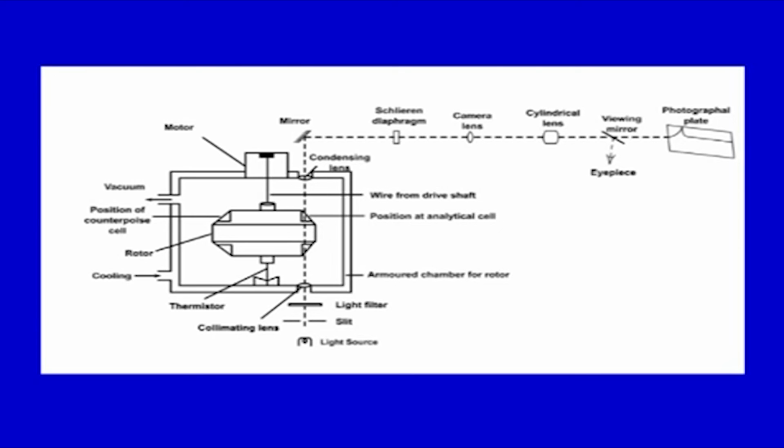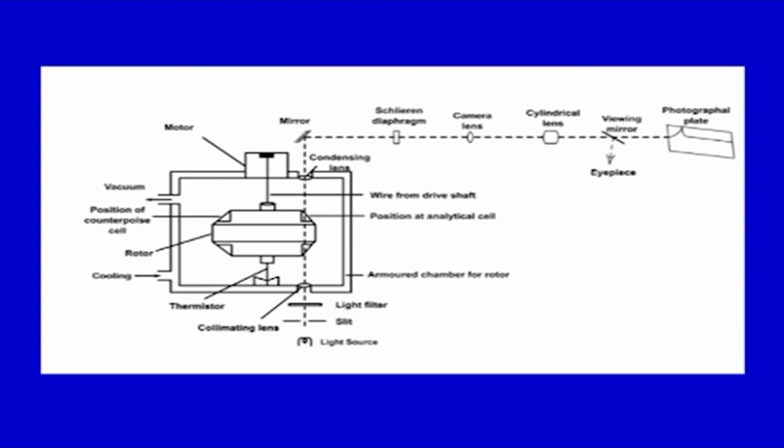Light comes from the collimating lens, passes through the analytical cell and then is collected by the condensing lens, that is reflected by a mirror, and there is a system of Schlieren diaphragm, camera lens, cylindrical lens, and finally a photographic plate where the data is being recorded. And like I said, photographic film could be replaced by an electronic scanning system actually.